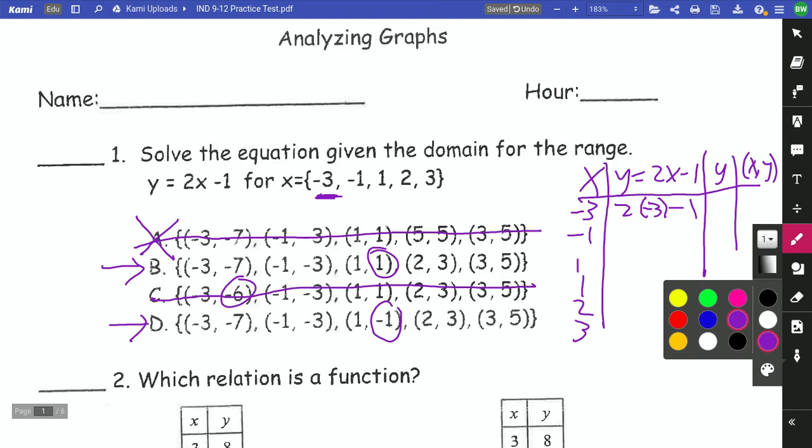And so all we need to do now is see which one of those is correct for the value x equals 1. So we've got that on our table. We'll calculate that one. 2 times 1, we put in a 1 for x, right? Minus 1. That 2 minus 1 is 1, right?